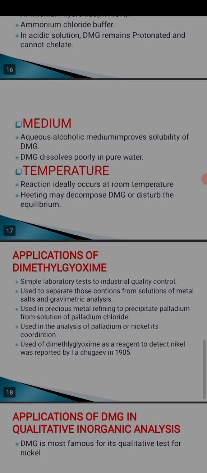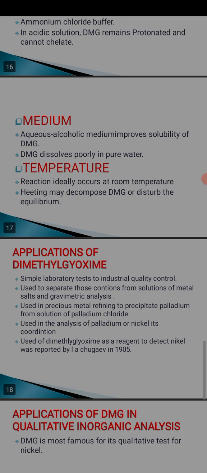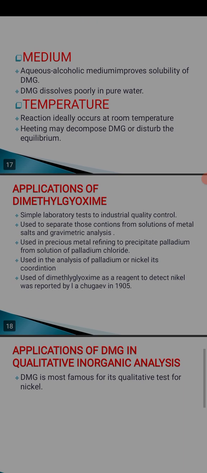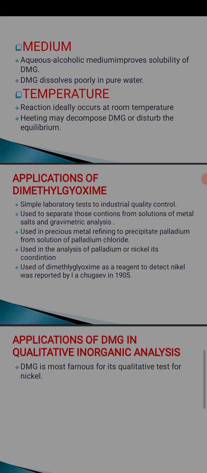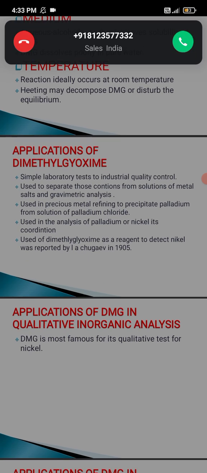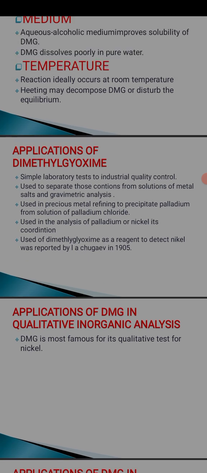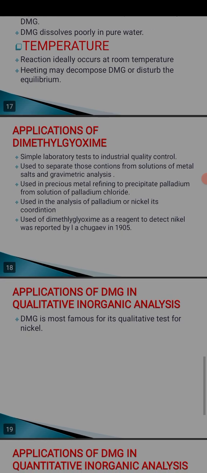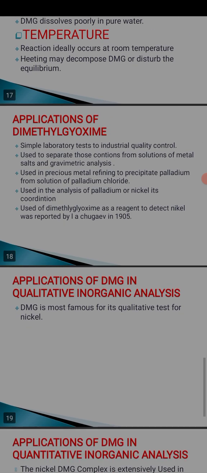In acidic solution, DMG remains protonated and cannot chelate. Medium: aqueous alcoholic medium improves solubility of DMG. DMG dissolves poorly in pure water.